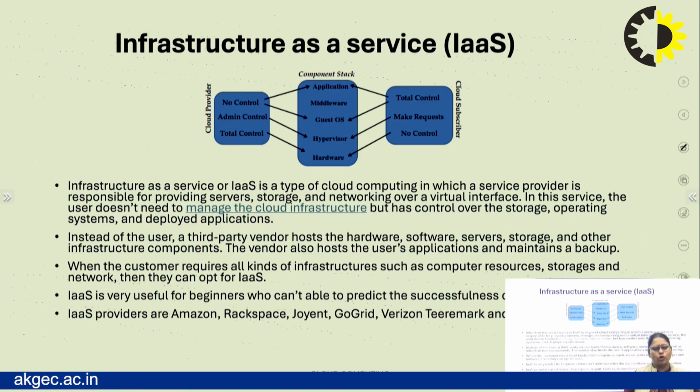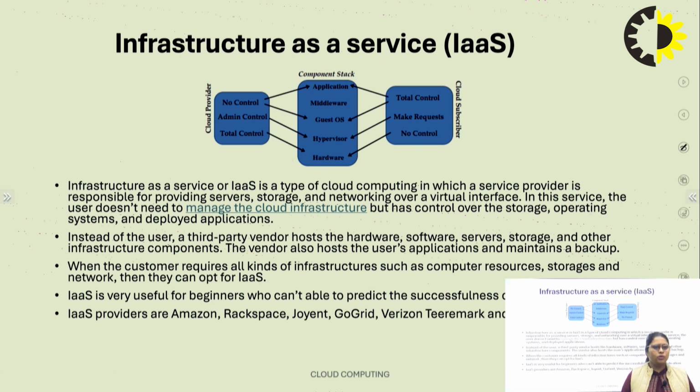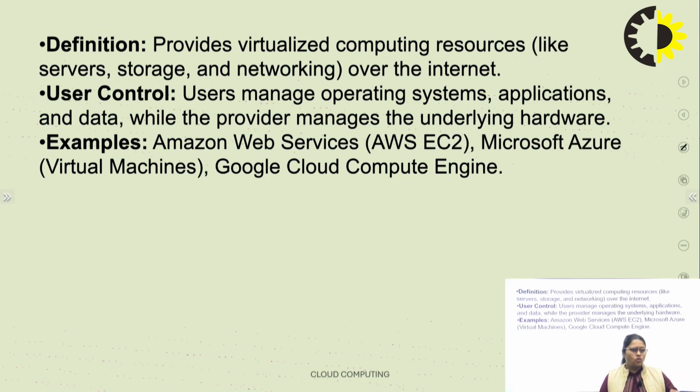If they want to use any infrastructure, they can contact the cloud provider. So overall, IaaS provides virtualized computing resources like server, storage, or networking over the internet, and the user manages the operating system, applications and data, while the provider manages the whole infrastructure.